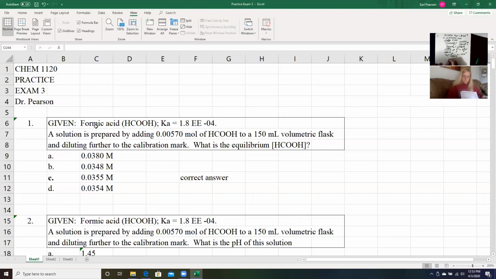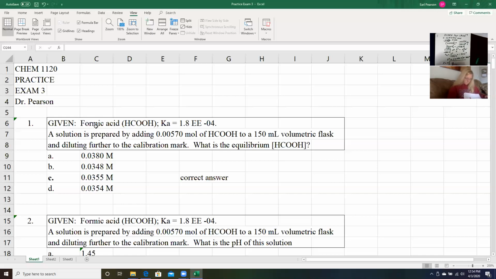So what I'm going to do is I'm going to say x squared is going to be equal to 0.0380 minus x times Ka, 1.8 times 10 minus 4. So my x is going to be plus the square root of, we can't have a negative value here because I know it went to the right.